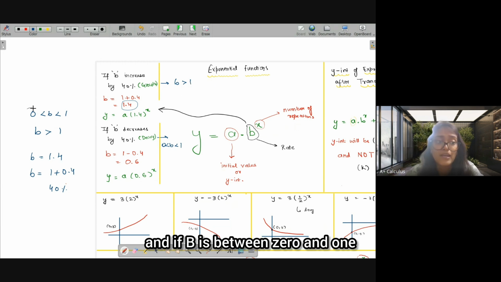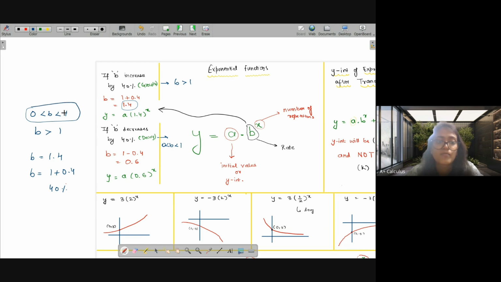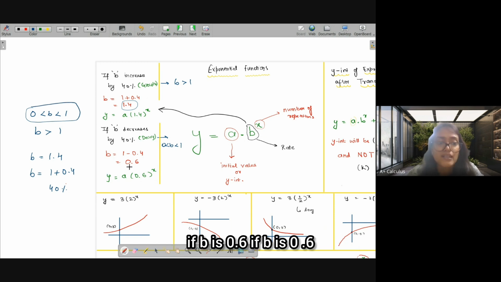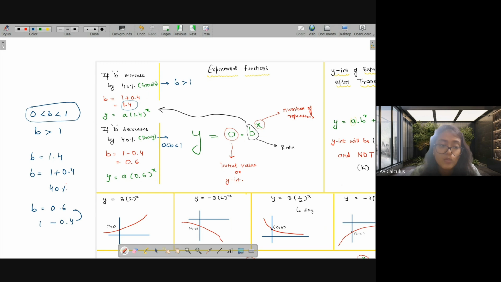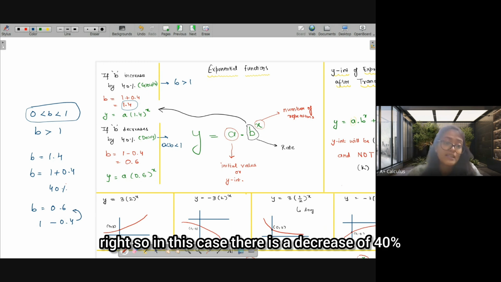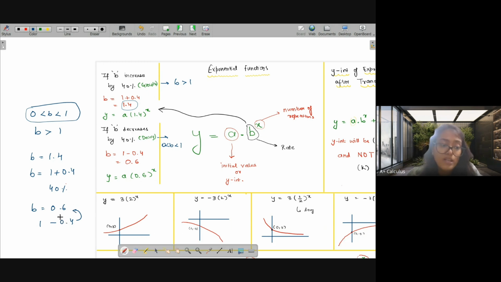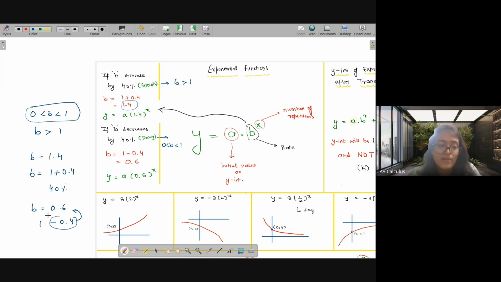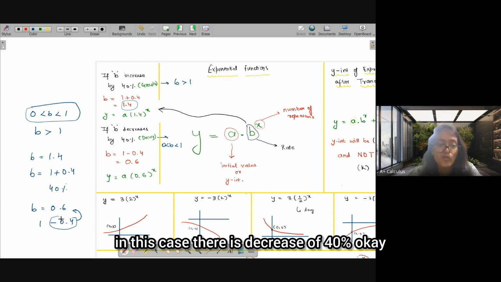And if b is between 0 and 1, second case, for example, if b is 0.6, well, you will get 0.6 if you do 1 minus 0.4, right? So in this case, there is a decrease of 40%. In the first case, you had an increase of 40%.